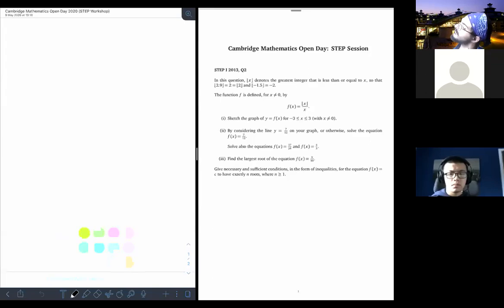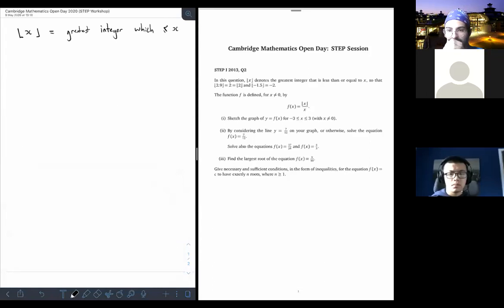In this question, we're told that we have this definition of the so-called integer part, or the floor function of a number x. The floor of x is defined to be the greatest integer which is less than or equal to x.